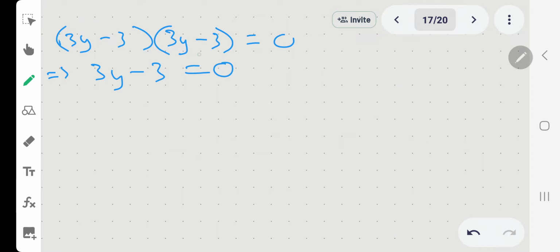Remember, we could have also written the other bracket, 3y minus 3 equal to 0, but they are all the same, so we pick one of them. To get the value for y, we send minus 3 to the other side of the equation, and we get 3y is equal to positive 3. To get y, we divide both sides by 3. So here, y is going to be 1.